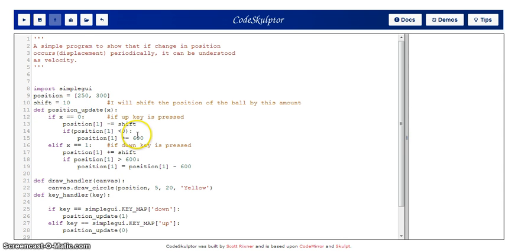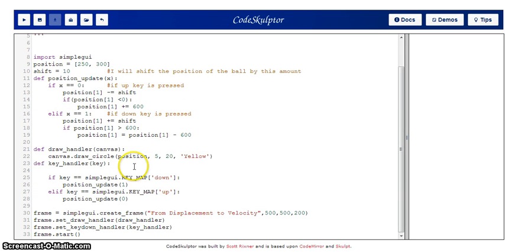The circle gets shifted forwards by 10 pixels. If I press the down key, it gets shifted downwards by 10 pixels. I have a key handler function which reads which key I'm pressing and passes on the control to position update. So with that, we see the next program.